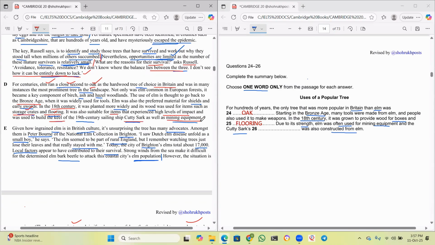Wow. Yes. So what is the answer, guys? Any guesses? High levels of impact and was used to build the keel. Keel is the answer. Used to build the keel of the sailing ship Cutty Sark. Yes. Let me write the keel here.